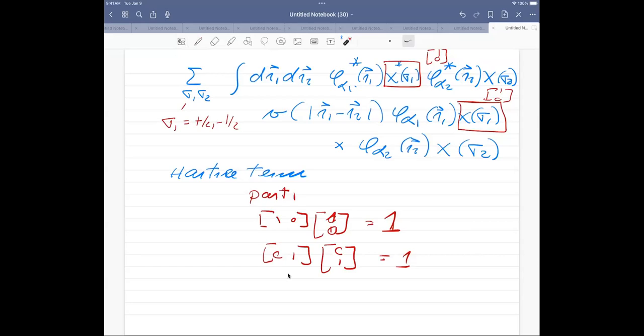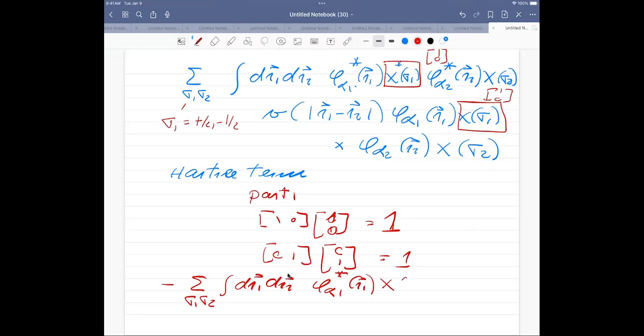Okay. So if I take the Fock term on the other hand, what we end up with is that this changes. For the Fock term, I would have a minus, and there's a sum over the spins, sigma 1 and sigma 2. I have the integral dr1 dr2 here, and then I have the same states here.